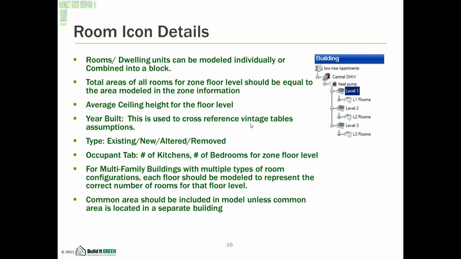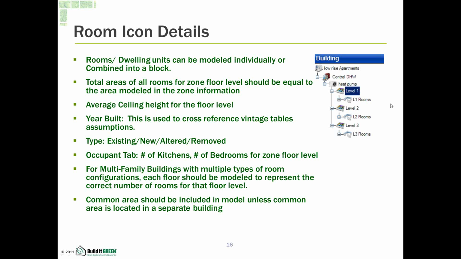So I'm going to go back to this last slide here. This room icon, which I labeled L1 Rooms, will have a tab that says exhaust fans, and it will ask us what is the output of CFM and the output horsepower.